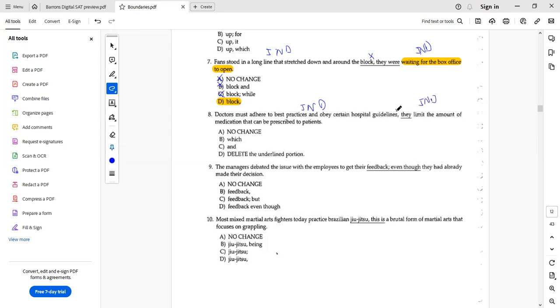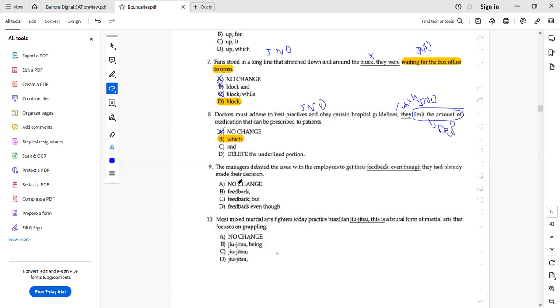Take care that the comma here is right because it's not underlined. So A is wrong. So we need now to change they to be right. The only one that's going to be right is to put which, to change the second one. If we write which here instead of they, it's going to be dependent. So it's going to be right.